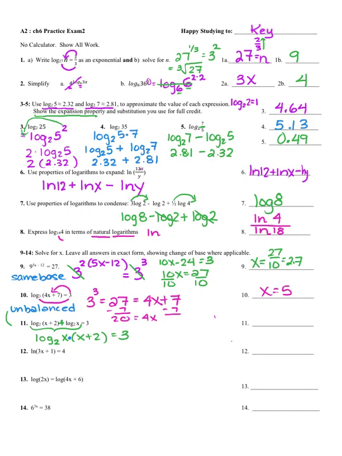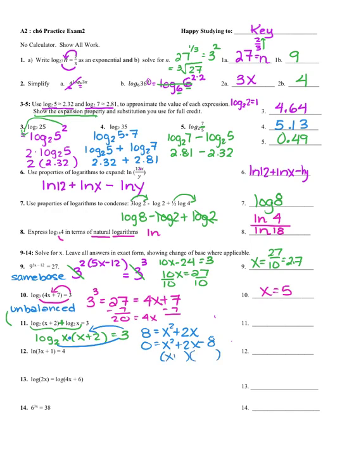Now, we have an unbalanced log. So we're going to write it as an exponential. So 2 cubed is going to equal the argument here. Remember, 2 cubed is 8 equals x squared plus 2x. So I end up with a quadratic. I can set it equal to 0: x squared plus 2x minus 8. I can factor.